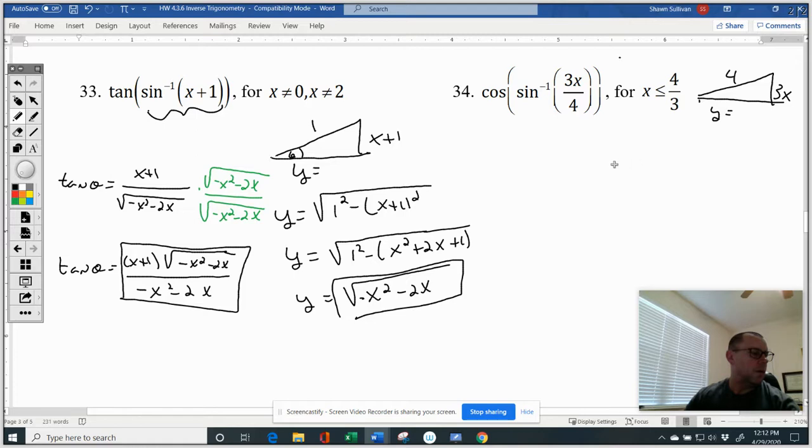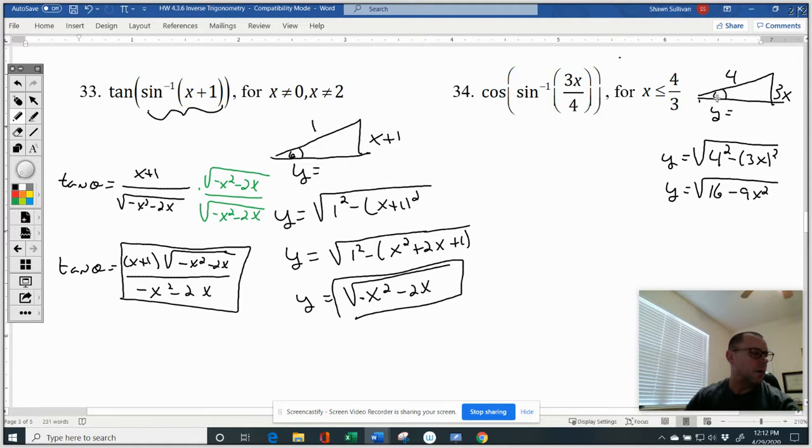Our y value is equal to the square root of 4 squared minus (3x) squared. So y is equal to the square root of 16 minus 9x squared. Remember, the exponent distributes to both terms.